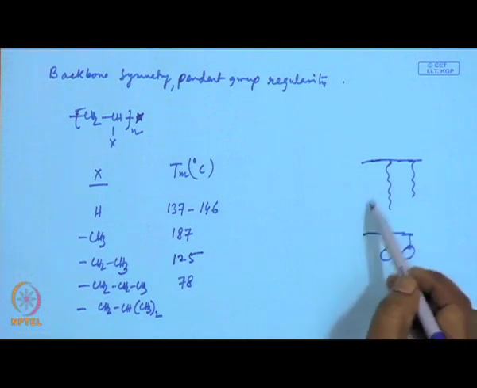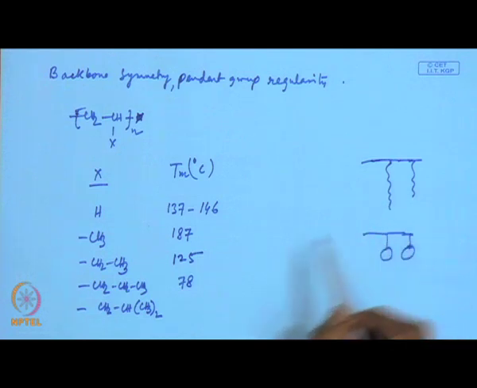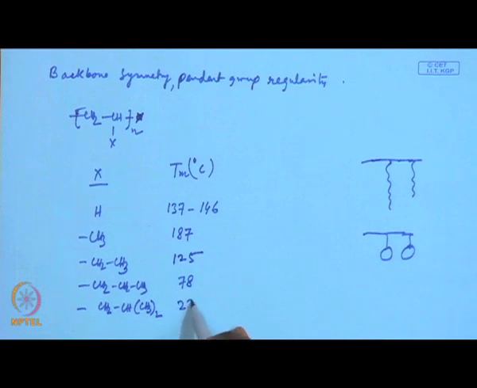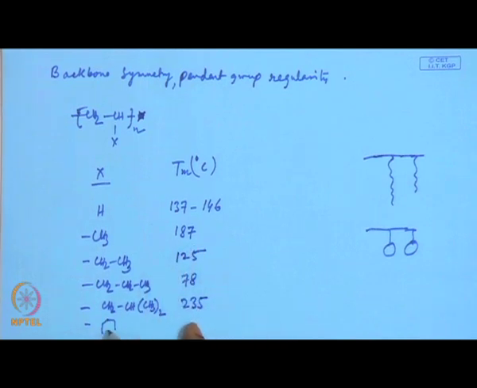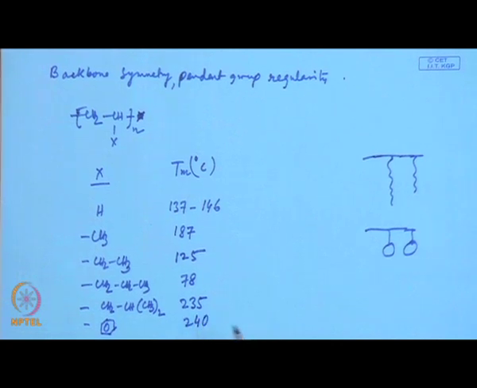So, in this case the stiffness goes up, and as a result the Tm goes up, and if you have an even bulkier group, the Tm goes up further.